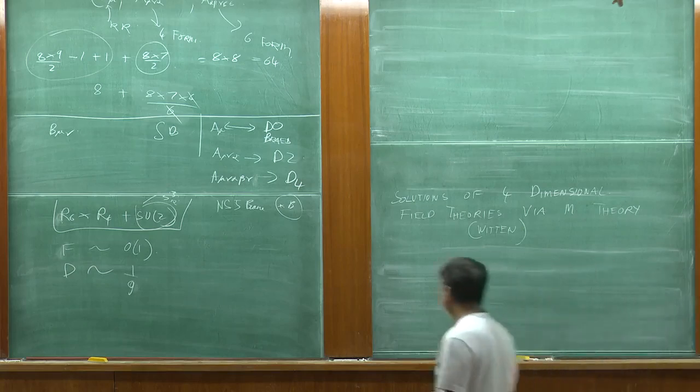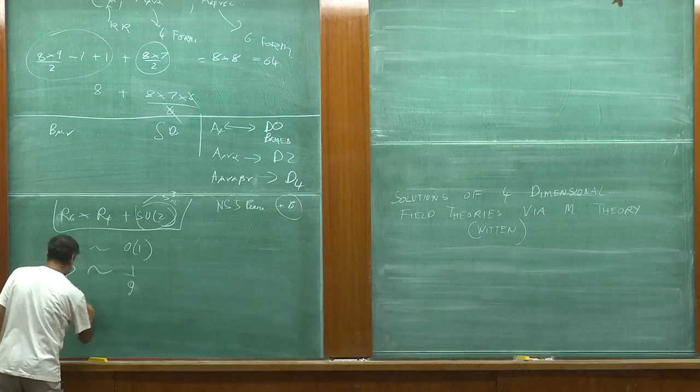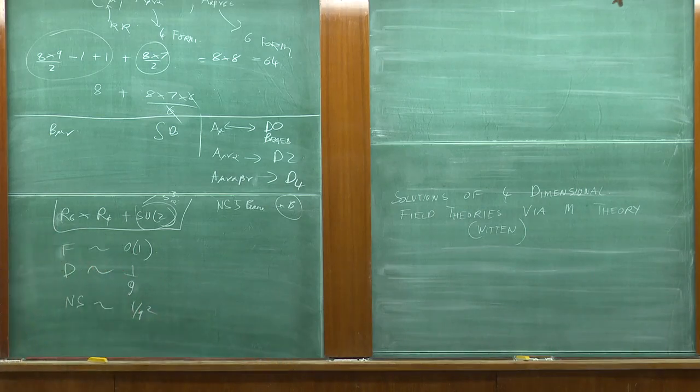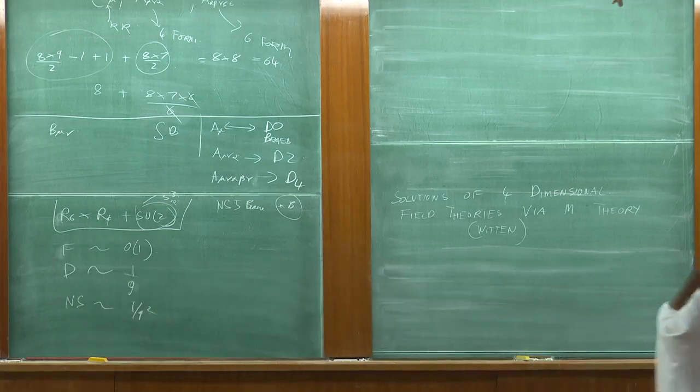And the tension of the NS fivebranes goes like 1 over g_s squared. Okay? Why is it NS? NS is Neveu-Schwarz.